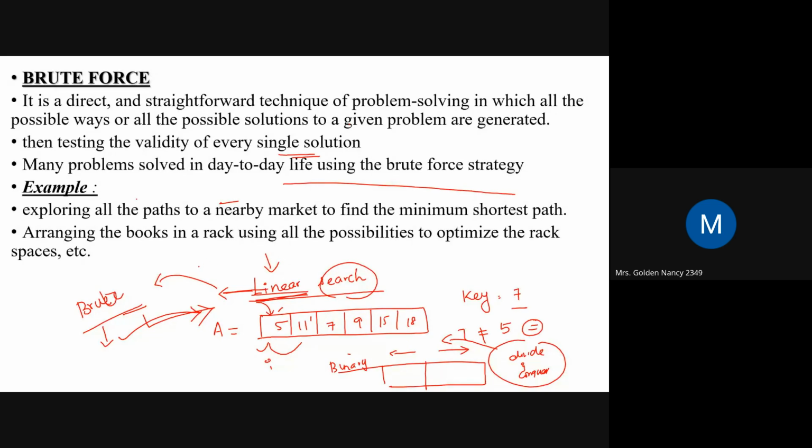Checking whether we can arrange in this way or that way is also a brute force technique. We are not jumping to a conclusion to arrange a particular way. We are choosing ways one by one, not randomly, but going through every possible solution and finding the right answer. That is what brute force is.